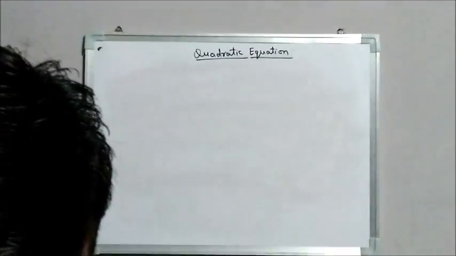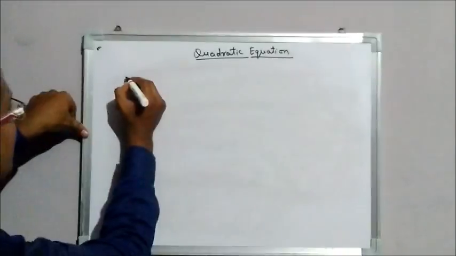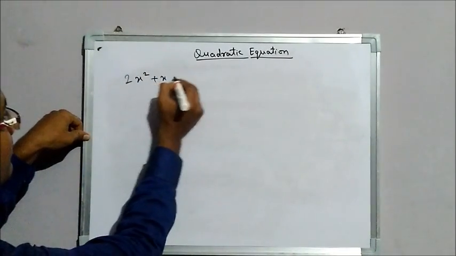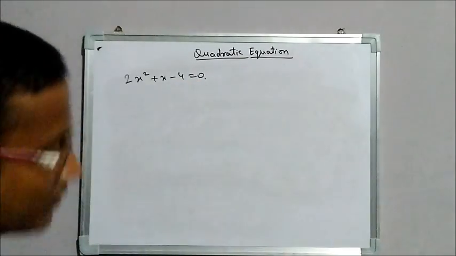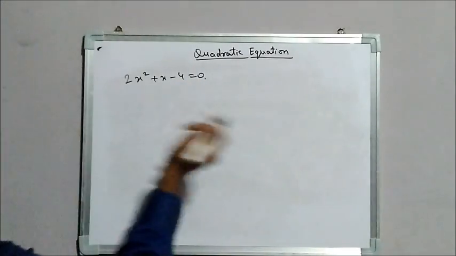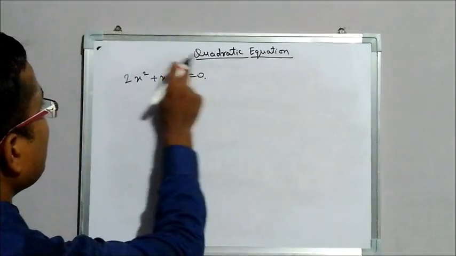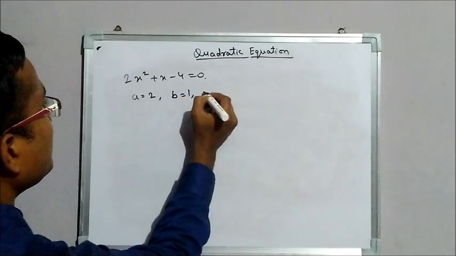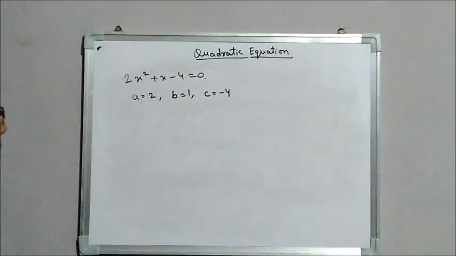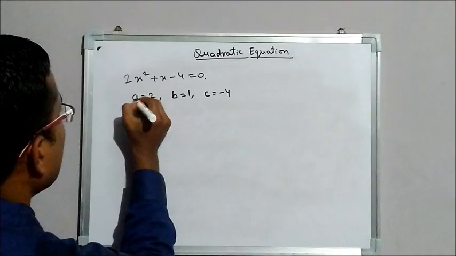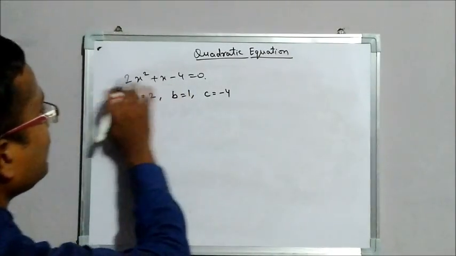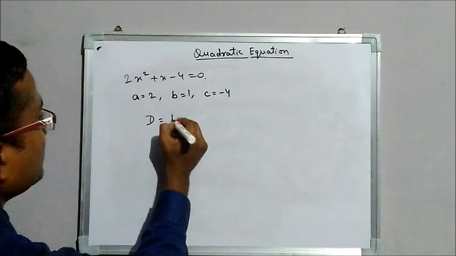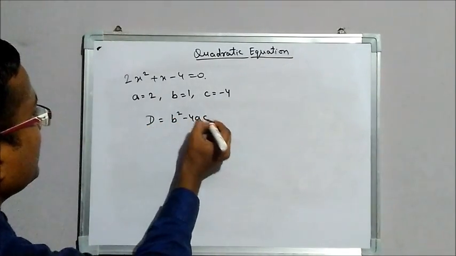Now taking an example, 2x square plus x minus 4 equals 0. On comparing with the general quadratic equation, a is 2, b is 1, c is minus 4. To find the nature of roots of this equation, we have to find the discriminant, which is b square minus 4ac.